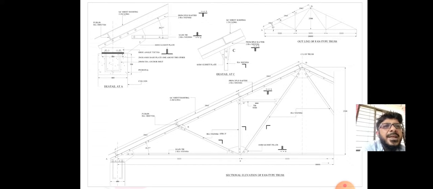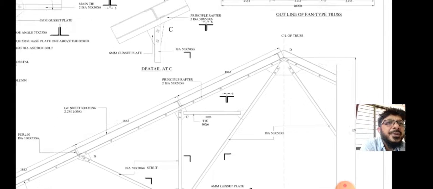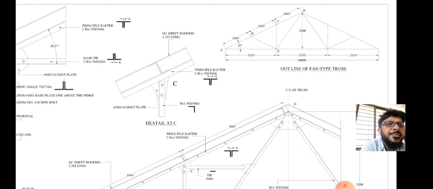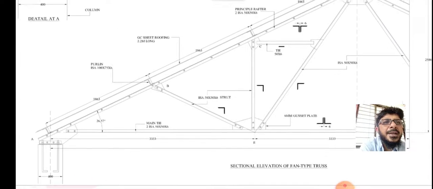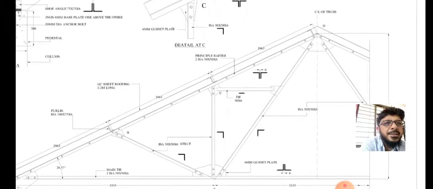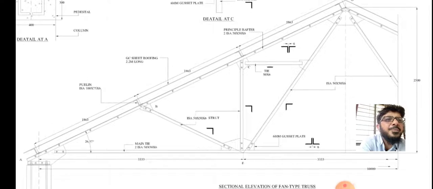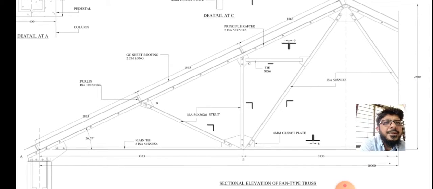And this is one sample structural drawing of the steel truss. At the top we can see the outline of the truss. Here the centerline dimensions of the trusses are given, and in the detailed truss, as trusses are most of the time symmetric, only half portion of the truss is drawn.